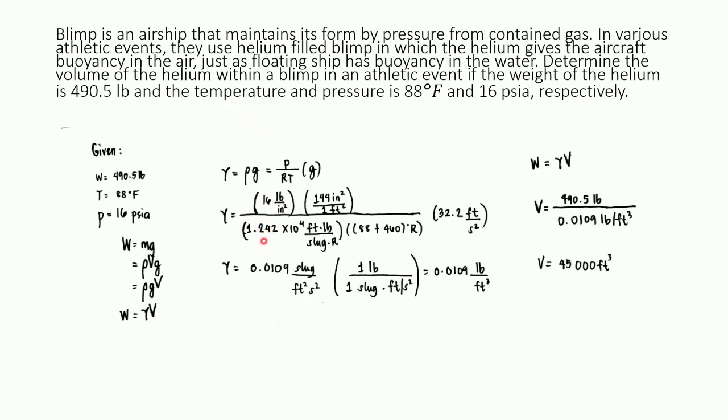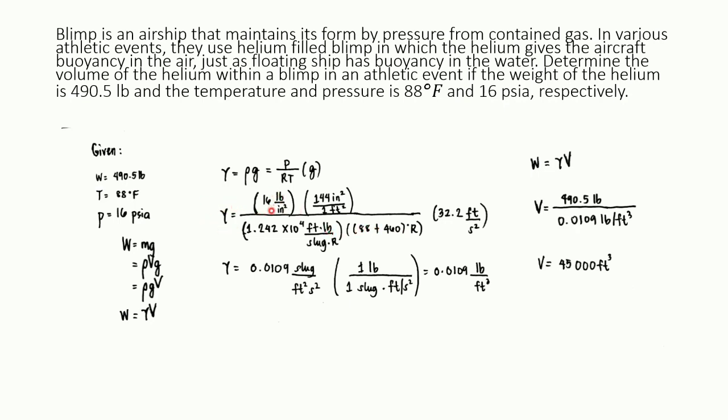It is not given in this problem, but we know that the gas constant for helium is 1.242 times 10 raised to the power of 4 feet-pound per slug Rankine, multiplied by the temperature, which is 88 degrees Fahrenheit, and we are going to add 460 to convert it into Rankine so that our units will match.